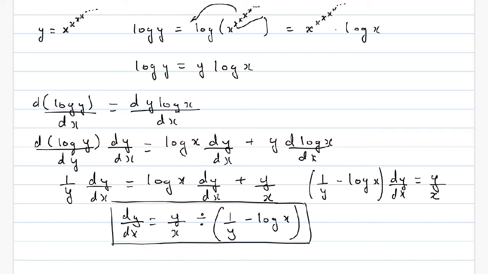I'll take one more example for this kind of a question. Let's say I have something like y is equal to x root x root x root x, and this goes on forever. For this again, what we'll do is we will assume all of these values are basically y, because if I remove this part, my first x root x, still this is nothing but our y, because it is going till infinity.